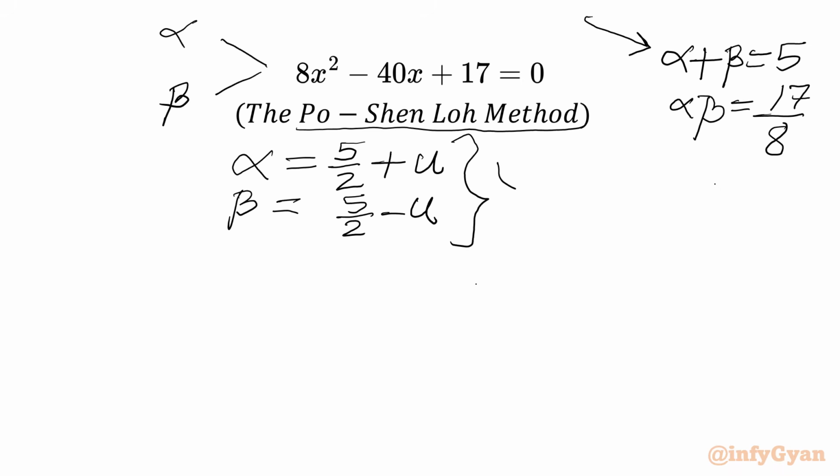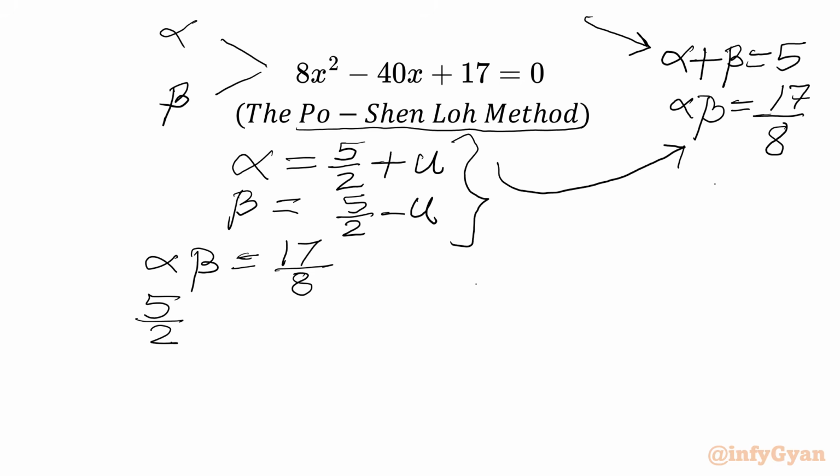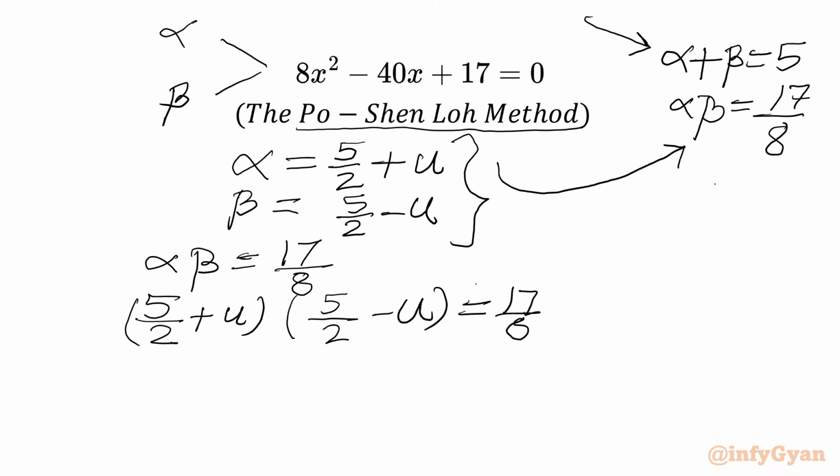Now we have to plug in these alpha and beta over here. So we can write alpha times beta equal to 17 over 8. Here alpha is 5 over 2 plus u, beta is 5 over 2 minus u, equal to 17 over 8. (a plus b) times (a minus b) is a square minus b square.